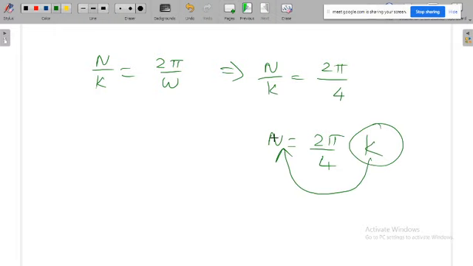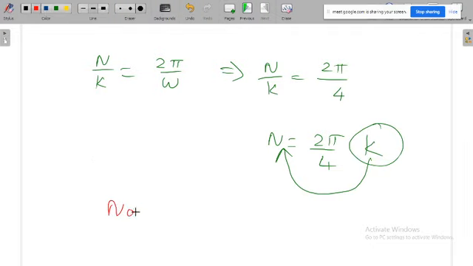No integer k can make n an integer because of the presence of pi. Whenever pi is present like this, you cannot get an integer; you could get an integer only if the number were like 1 by pi times pi, but this number 1 by pi is not an integer. So you cannot make n an integer by substituting integer values of k. That's why this signal is not periodic.